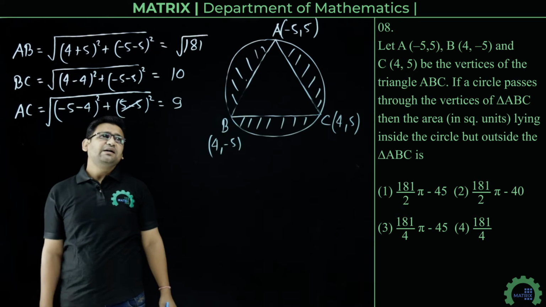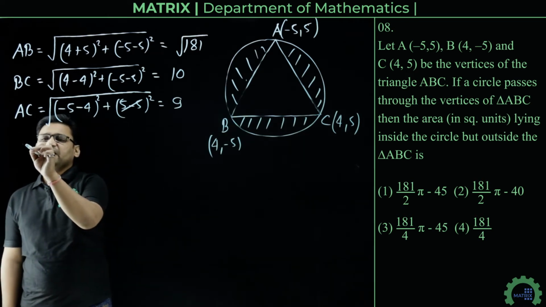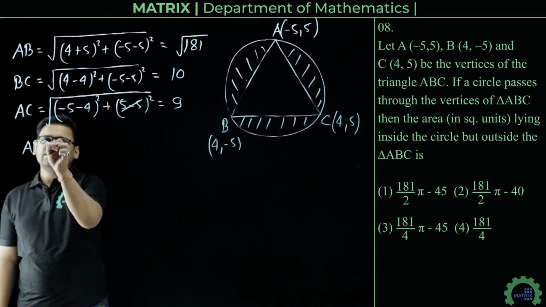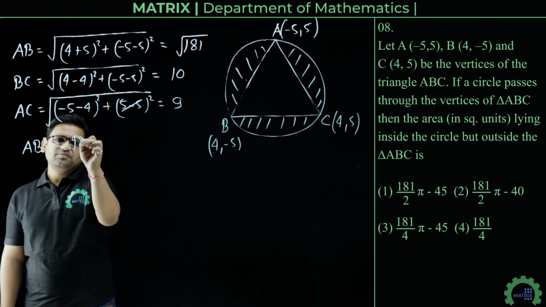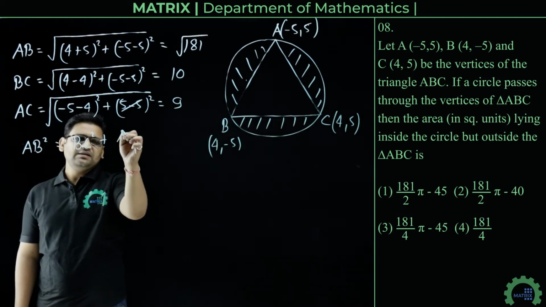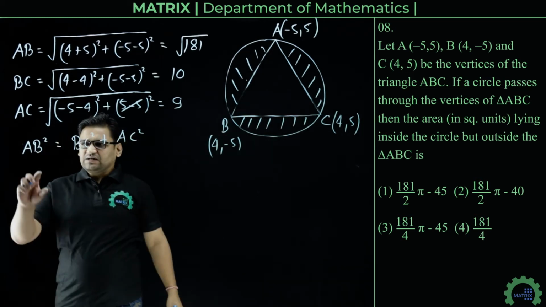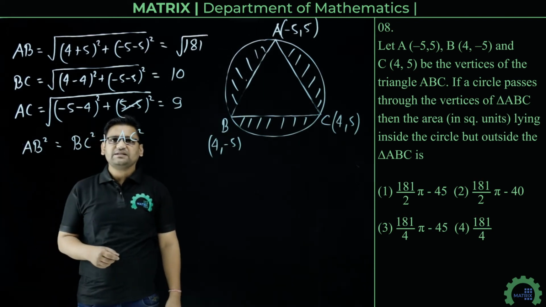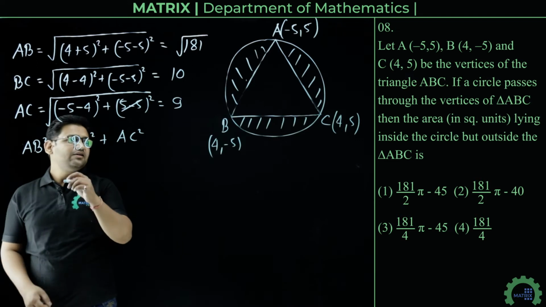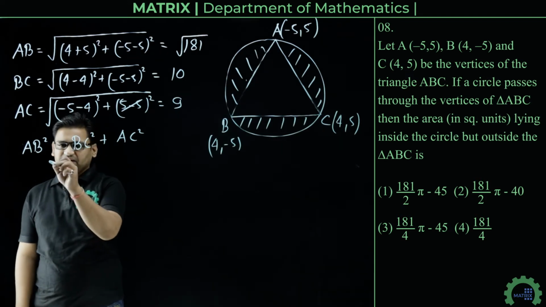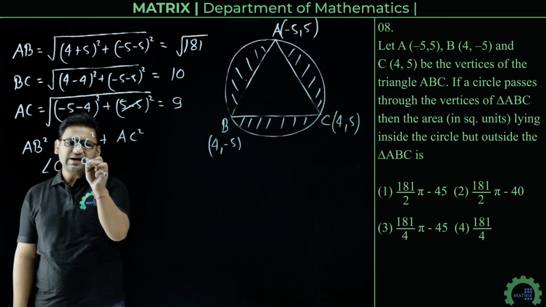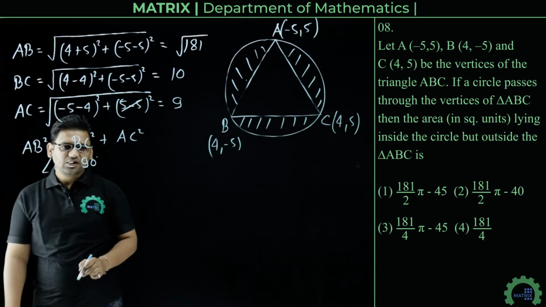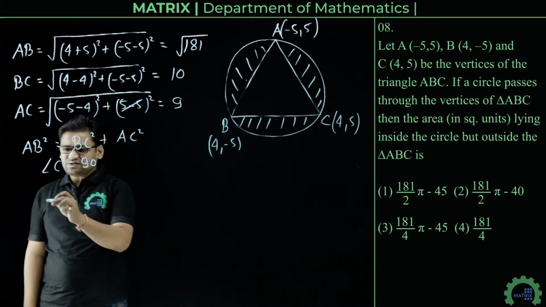So here clearly we can see that AB square is equal to BC square plus AC square. So here by the converse of Pythagoras theorem we can say that it is a right angle triangle in which angle C is 90 degrees. So we can easily find the area of this triangle.